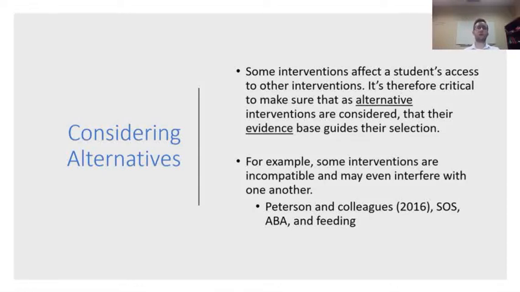So an example comes from Peterson and colleagues in 2016, and this was a feeding intervention study. Peterson and colleagues compared a non-evidence-based intervention for food selectivity in children with autism called the sequential oral sensory approach to an evidence-based ABA approach.